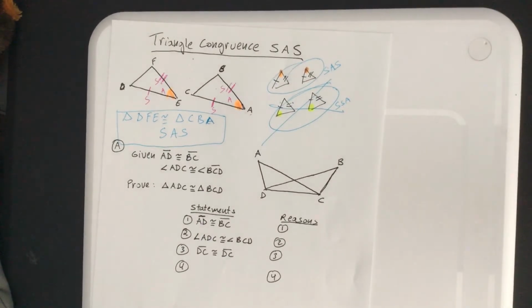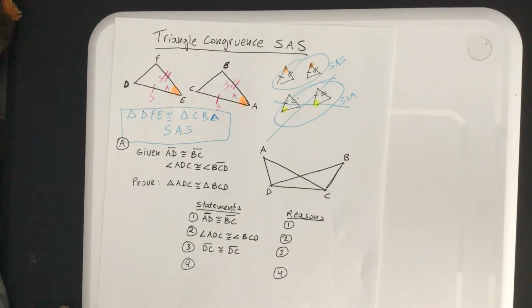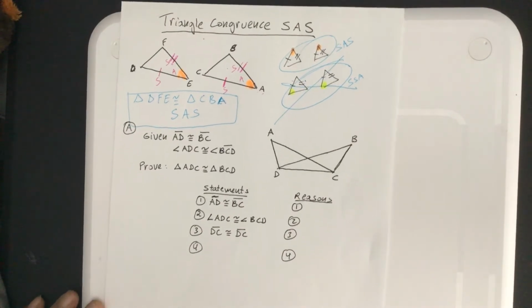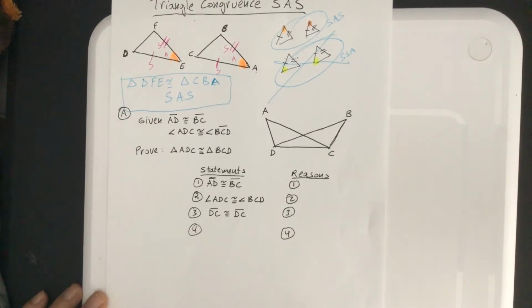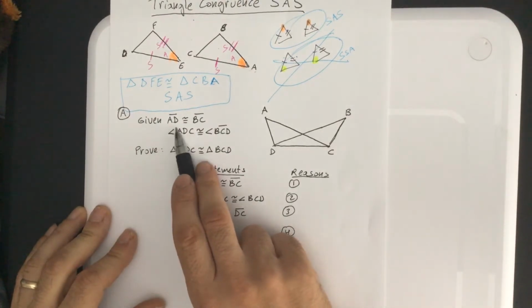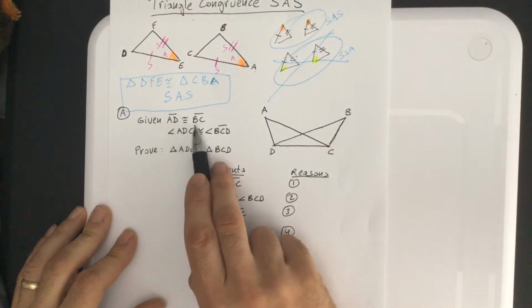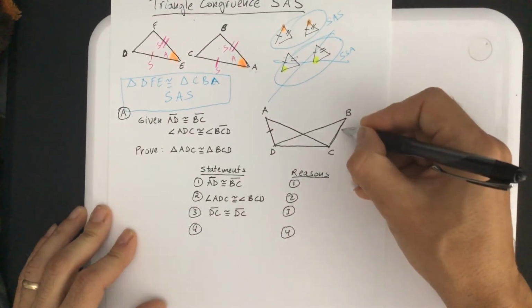So now let's take a look at an example so we understand the side, angle, side. And just like the previous video about side, side, side, we're gonna have the statements and the reasons. Let's go over it. We got given AD is congruent to BC.